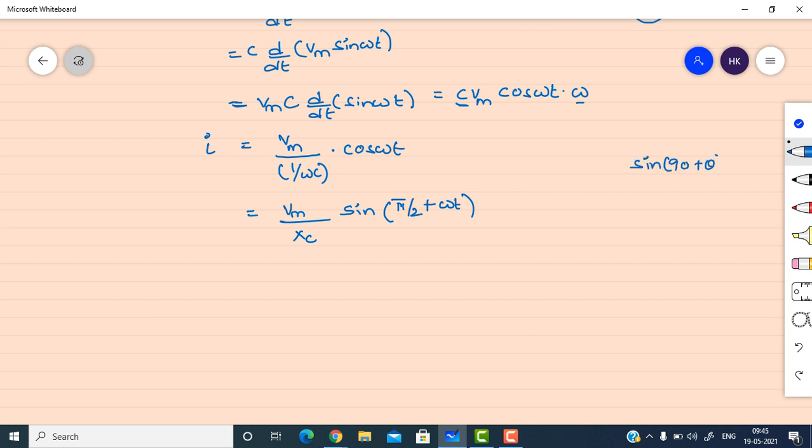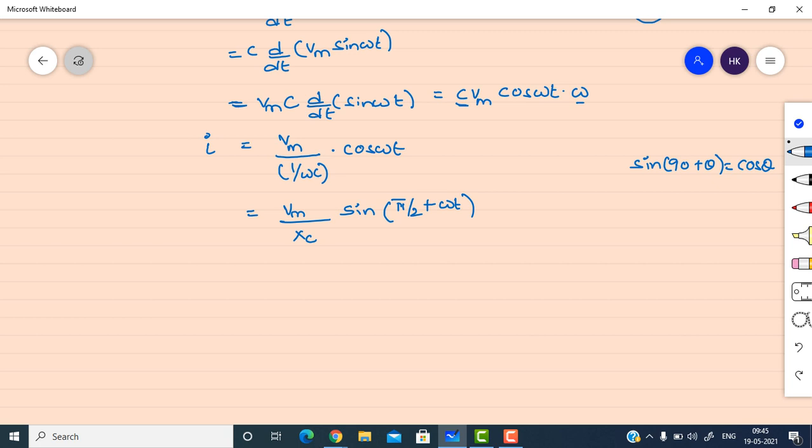Sine 90 plus theta is the cos theta. Sine 90 minus theta is also the cos theta. But we can't use sine 90 minus theta. Why? Vm by Xc, I am using this sine 90 plus theta. So then it will become cos theta, sine pi by 2 plus omega t.